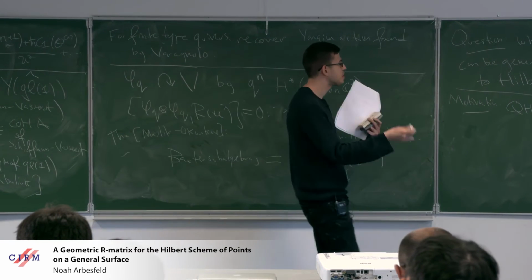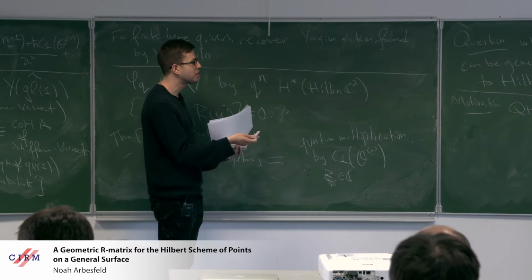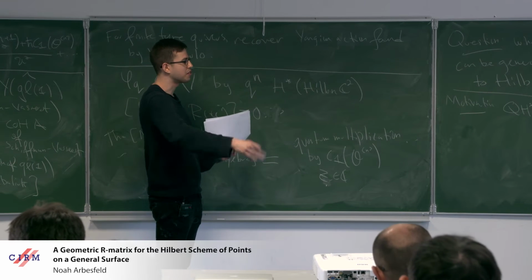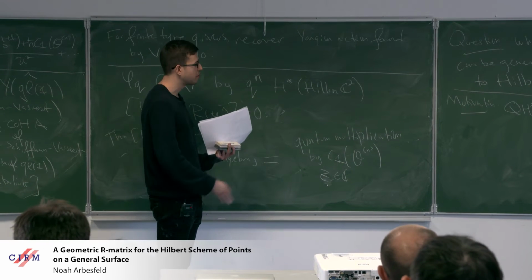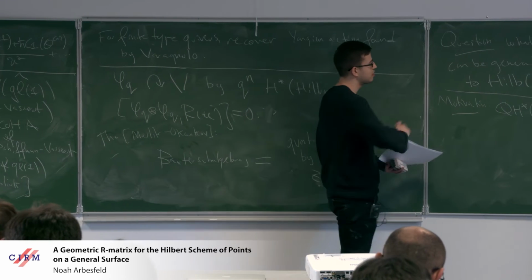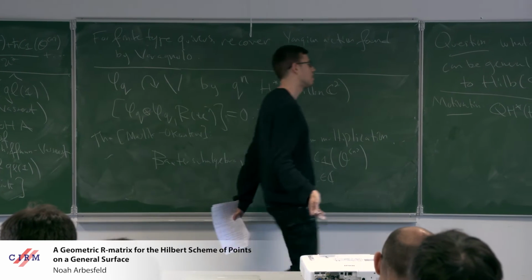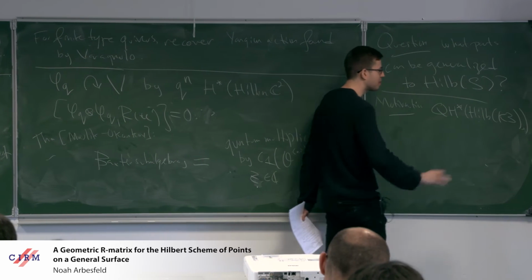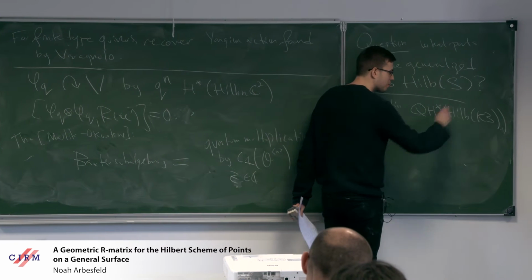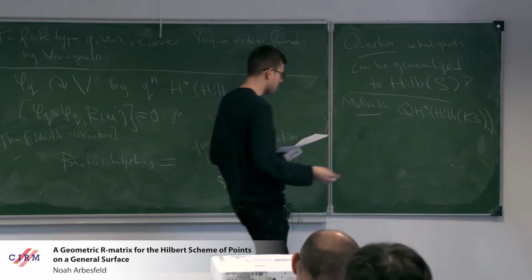In general, there are expected relations between quantum cohomology of the Hilbert scheme of points on a surface and Donaldson-Thomas theory of threefolds fibered in these surfaces over curves. And when your surface is symplectic, this correspondence is supposed to be as nice as possible. But one can't just use the Maulik and Okounkov package here because there's no torus action on a K3 surface. So one needs some way to get around this.